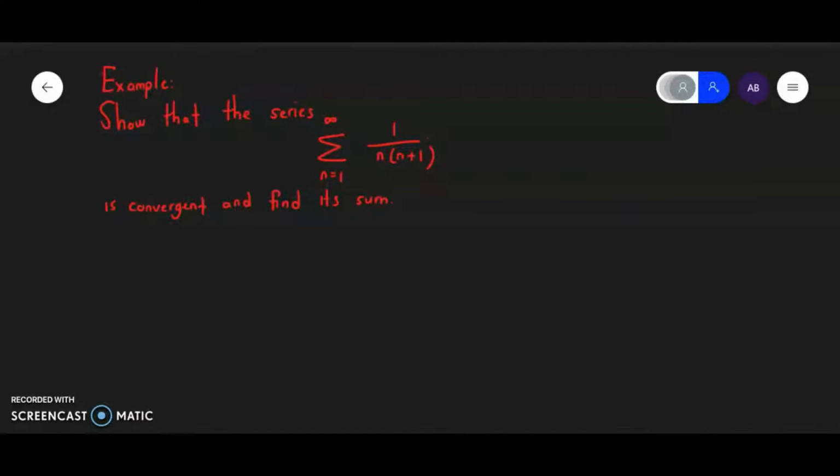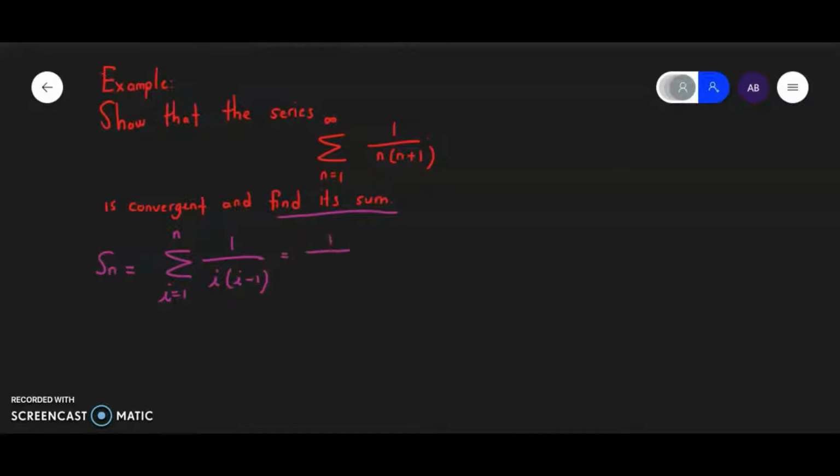Of course, this is not a geometric series, because there is no term involving a power. So what we need to do here is find the partial sum, because we want to find the sum. The partial sum is S_n equals the summation from i equals 1 to n of 1 over i plus 1.